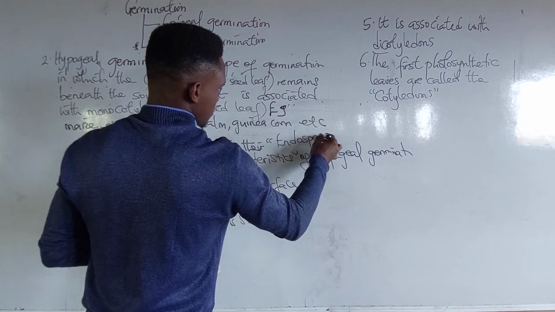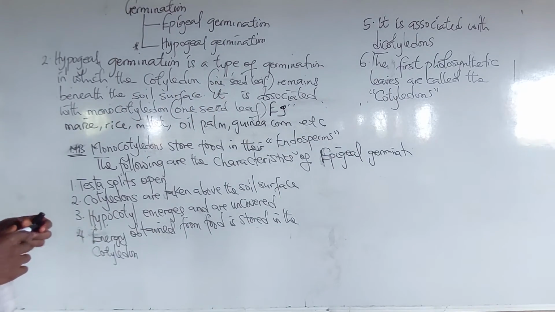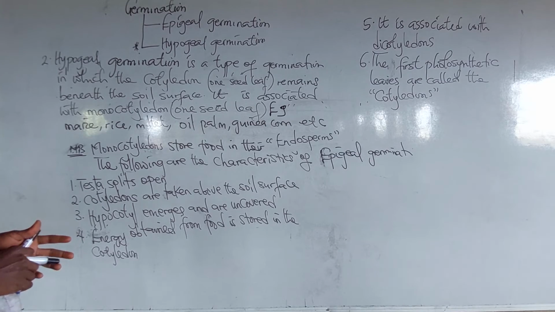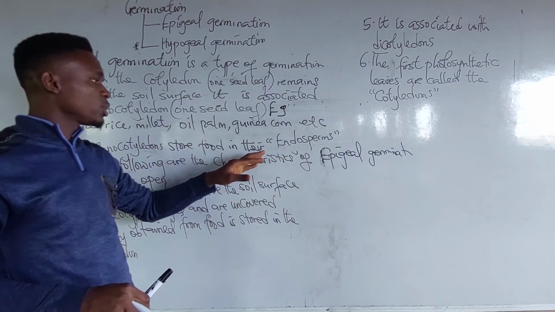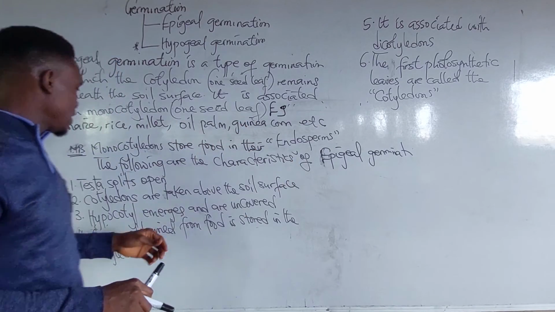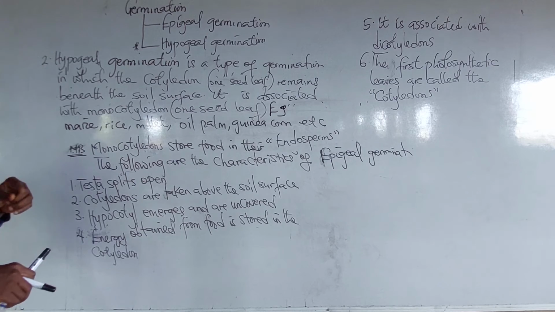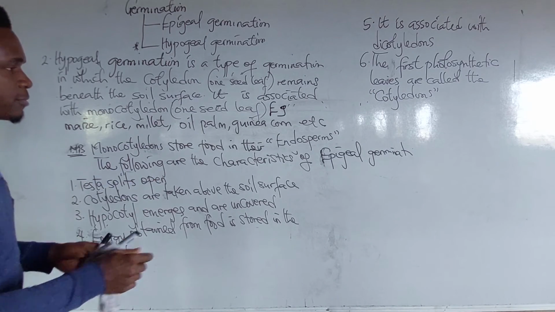All right, in their endosperms, and therefore they are called endospermous seed. All right, since they have the ability to store their food in their endosperm, they are called endospermous what? Seed.